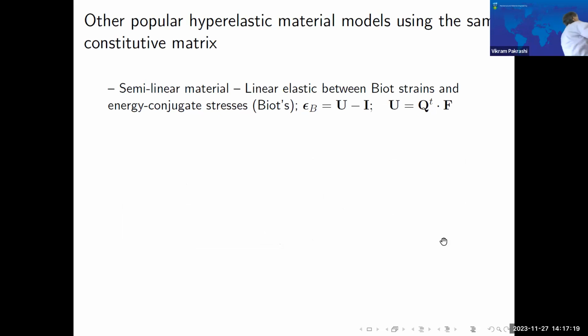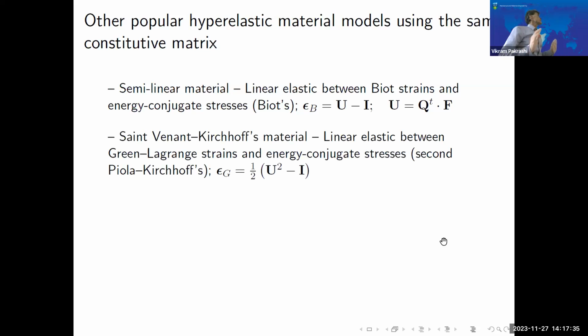He did it for this type of material, in which linear elasticity existed between the Biot strains and the Biot stresses. That's one way of presenting it. There are other ways.